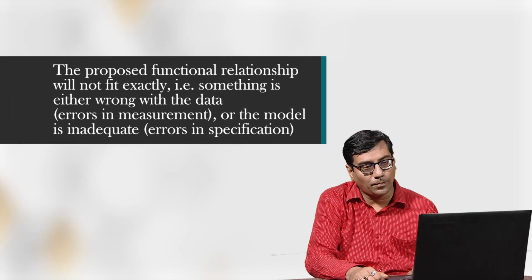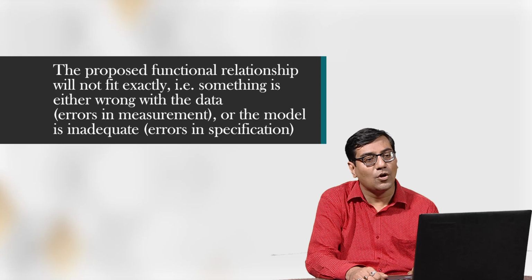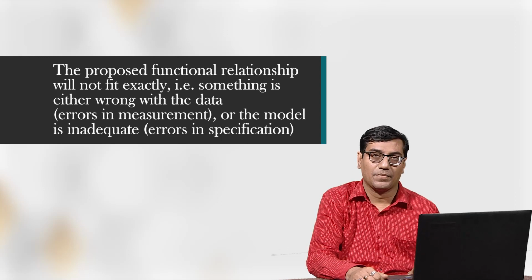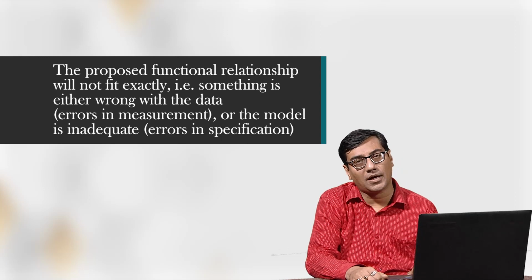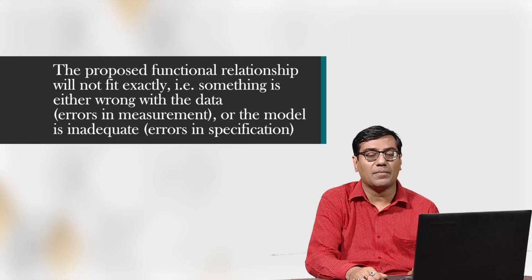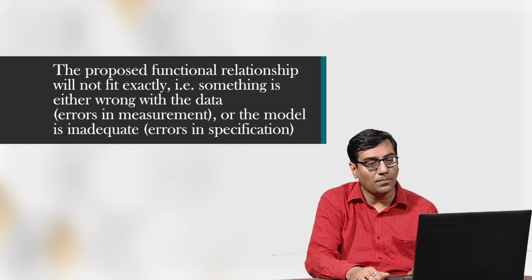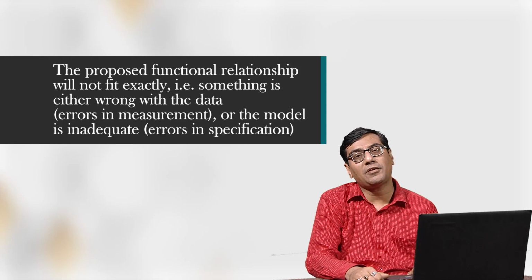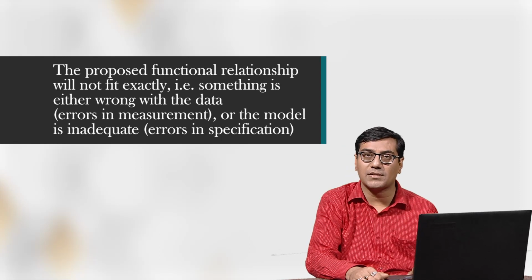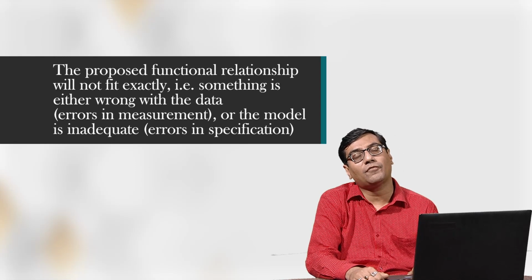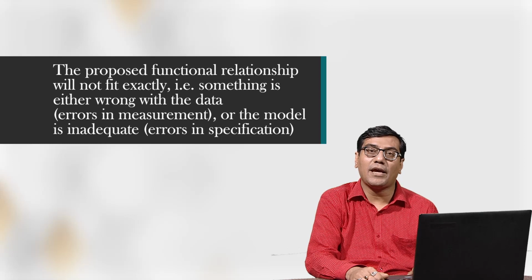So what are the concerns regarding any kind of regression exercise? The first concern is that the proposed functional relationship will not fit exactly. So exact fitting cannot be done. There can be error in the measurement because the variables can be measured in different units which may not be uniform, or there can be inadequate specification. That means most of the effect on the dependent variable is due to the error term.